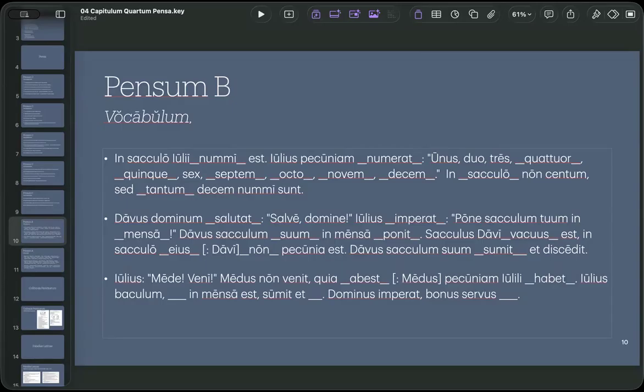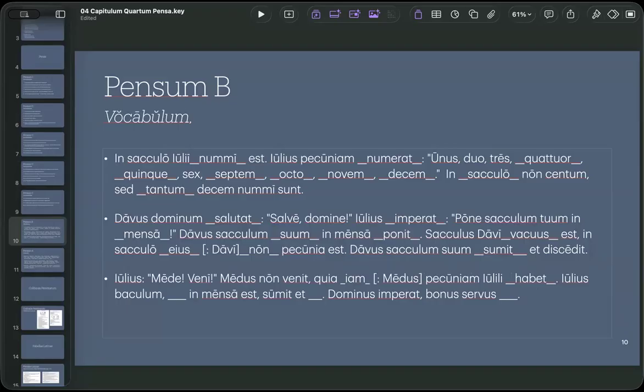Is that abest? Is it metus non venit quia? Yeah, it's abest, he's not there. No, it's saying that he has Julius's coins. Yeah, but they're just looking for... quia abest pecuniam Juli. Oh, quia, you know what? I'm going to go with iam.